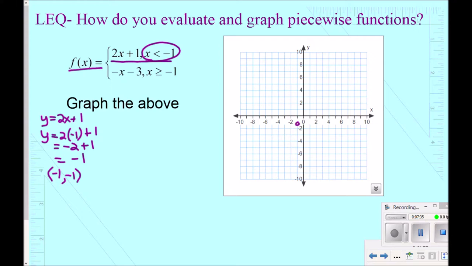Now, I'm looking at the inequality symbol again, and I'm seeing less. If you think about shading on a number line, we know less is always shaded to the left. So because it says less than -1, I know that from this point that I just plotted, I'm going to graph the other points that are to the left of that point.